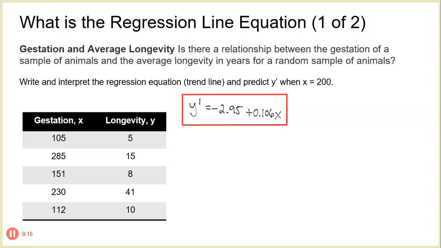Now that's the writing part. We also want to be able to interpret this equation. So what does this equation mean? So y prime, this is the predicted longevity. And it retains the same units as the original data. So the predicted longevity in years.